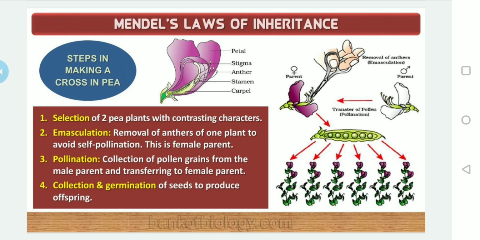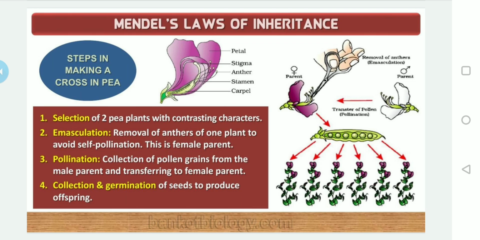Here the flower is given: the petal, the stigma, the stamen and the carpel. Last year also I told you this pea plant comes under the family Fabaceae. Do you remember? Yes. The steps in making the cross in pea plant.